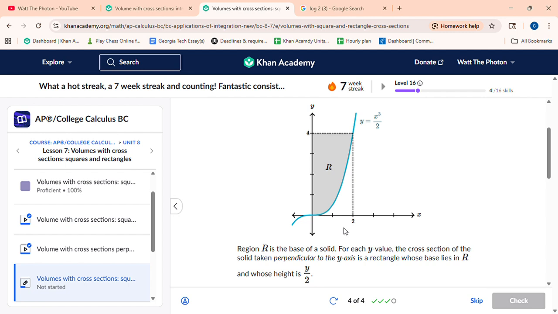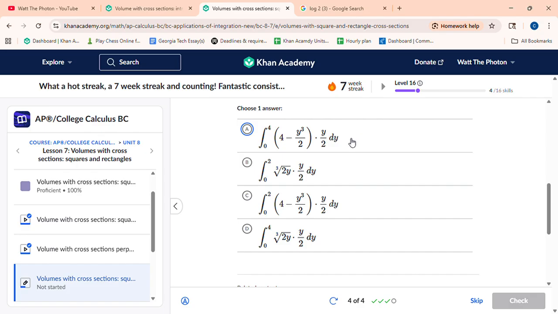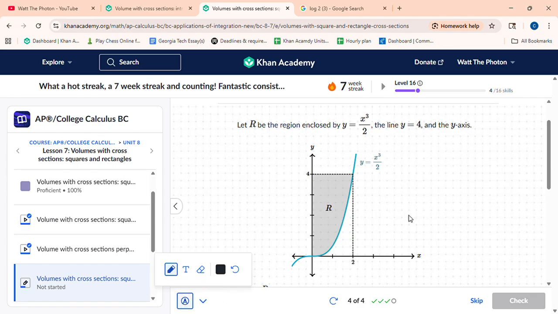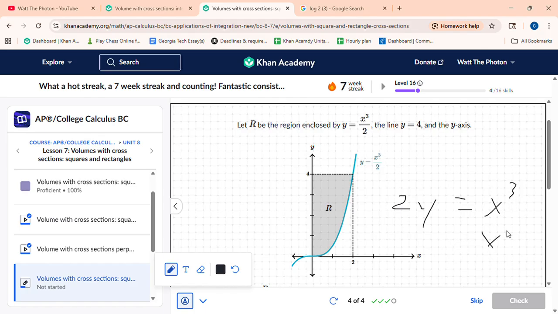So we have 2y all to the power of 1/3, 2y to the power of 1/3, times y over 2, from 0 to 4. 2y, let's get x cubed. X is equal to 2y to the power of 1/3.